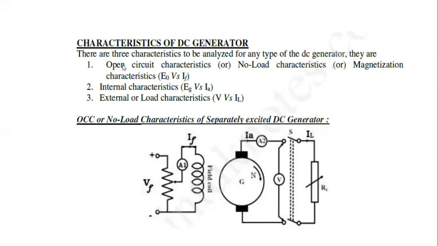The first type of characteristics will be drawn between E0 and IF, where E0 is the no load voltage and IF is the field current.